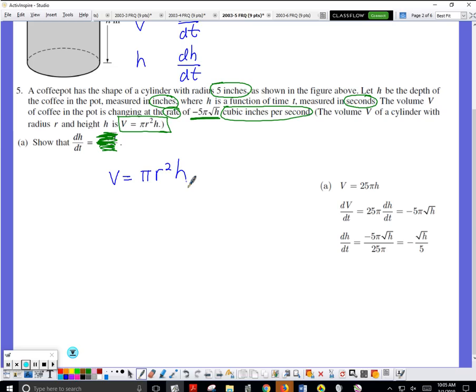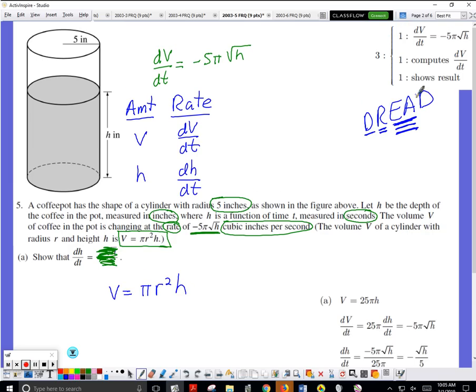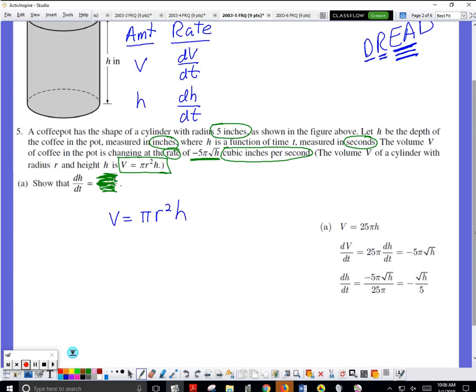The EA in DREAD reminds me that I'm supposed to find an equation that has the amounts in the equation. So there's my equation with the amounts in it. But because you told me R is never changing, I don't want to mess with R anymore. Just plug in the value that R will always have.